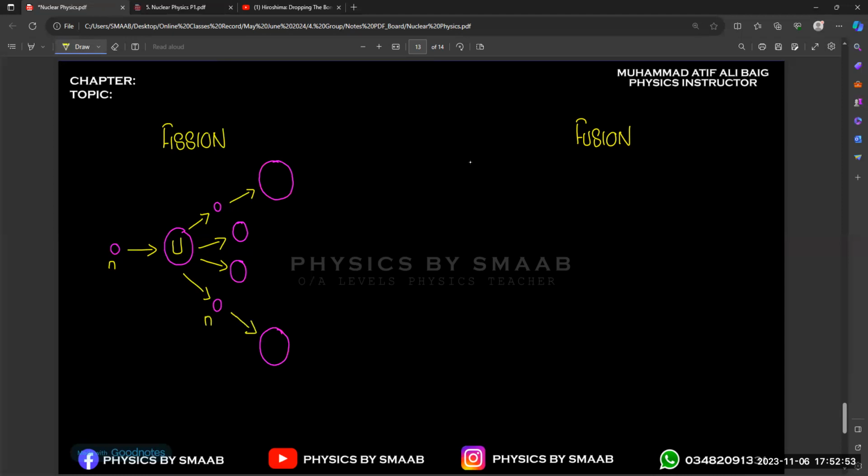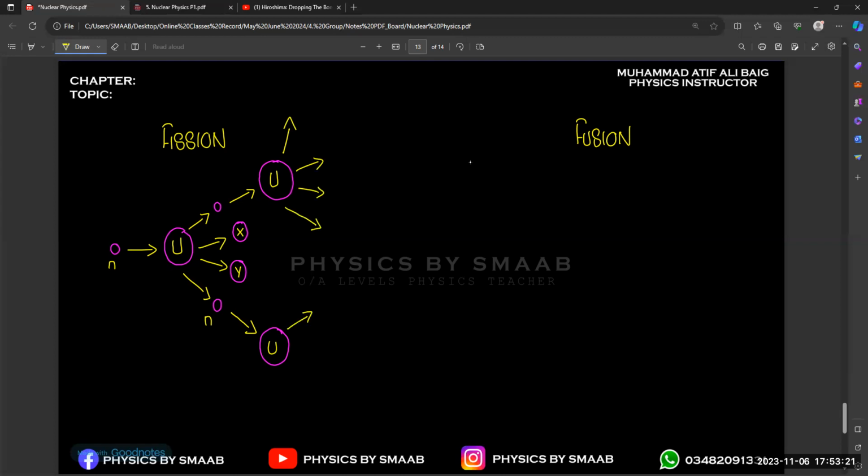So this is a neutron, and this is any element. I am writing just X and Y to show the unknown elements. And further it strikes the remaining nucleus of uranium, and further it splits into neutrons and again some elements, and further neutrons.